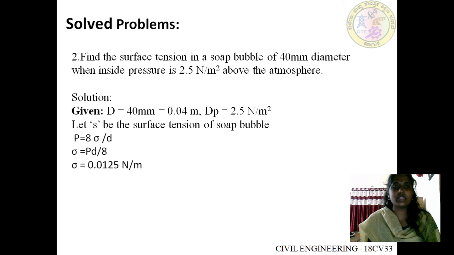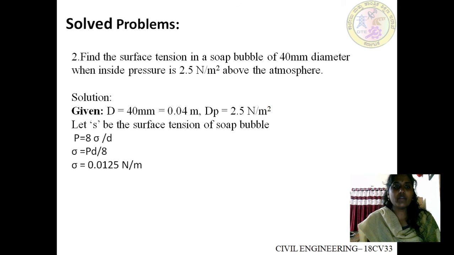One more problem is there. I'll read out the problem. Second problem: find the surface tension in a soap bubble of 40 mm diameter when the inside pressure is 2.5 Newton per meter square above the atmosphere. Here they have given a soap bubble, so it is case 2. The D value is given, that is 40 mm, and the pressure value is given, that is 2.5 Newton per meter square.